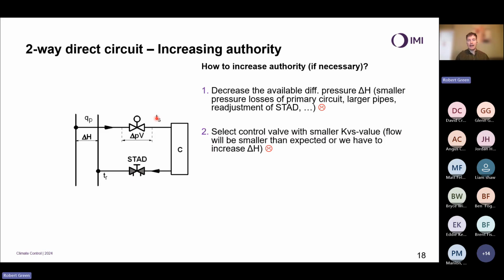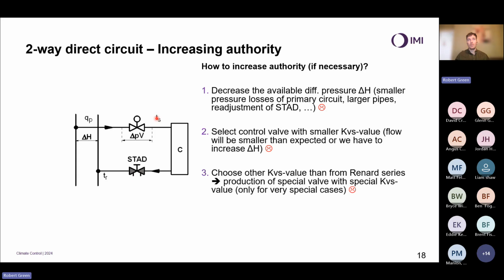The option you could look at, and actually part of our business would do, not the climate control side of our business, the process automation side, we could choose a special valve with a special KVS that has got exactly what we need, but that's going to come with a pretty significant cost. So again, not ideal from HVAC, where we're talking valves in the high hundreds.